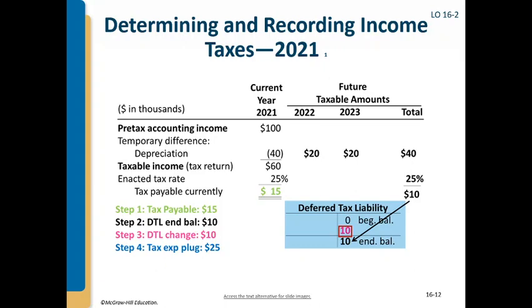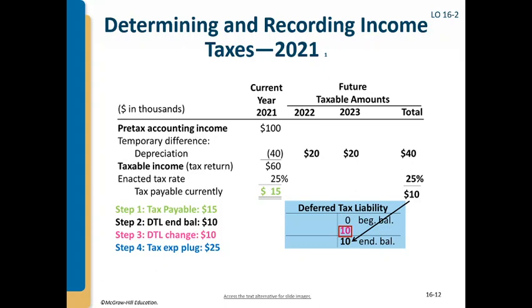So if you take that 40,000 and multiply that times their tax rate, there's a deferred tax liability of 40,000 times 25%, or $10,000. So that answers step 2.